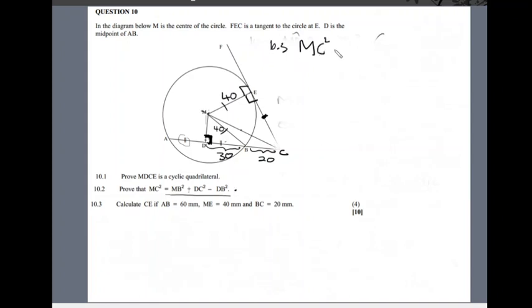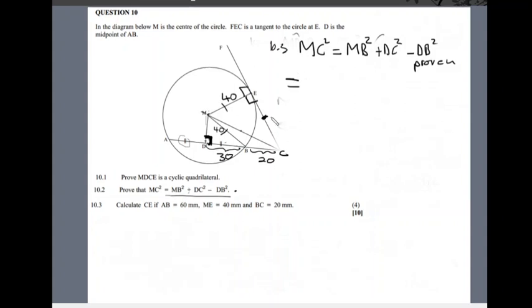MC squared is equal to MP squared plus DC squared minus DP squared, right? My reason is that this was proven. Now what is MP? MP is 40 because it's a tangent perpendicular to radius. So to make things easy, let me just write MP is equal to 40 millimeters.